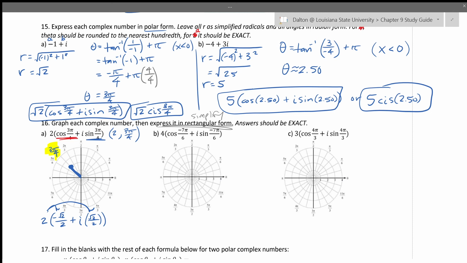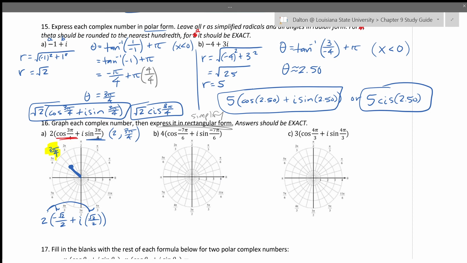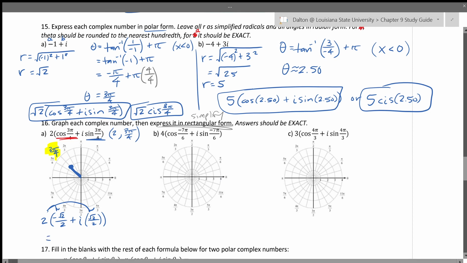So you're going to distribute that 2 to both of these terms. 2 over 2 will cancel in each one of them. So then your final answer, and this is where you just have to pay very close attention to details, 2 over 2 will cancel, leaving us with negative square root of 2, plus 2 over 2 cancels again, the square root of 2 i.